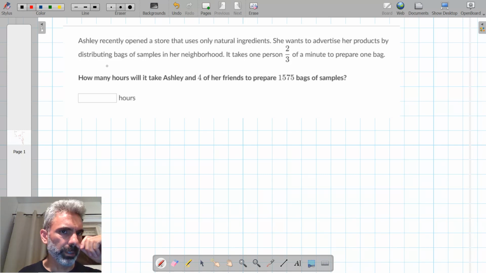Ashley recently opened a store that uses only natural ingredients. She wants to advertise her products by distributing bags of samples in her neighborhood. It takes one person 2/3 of a minute to prepare a bag.